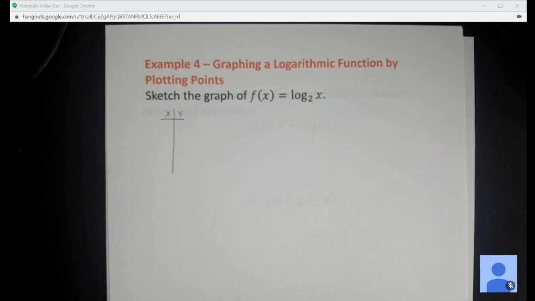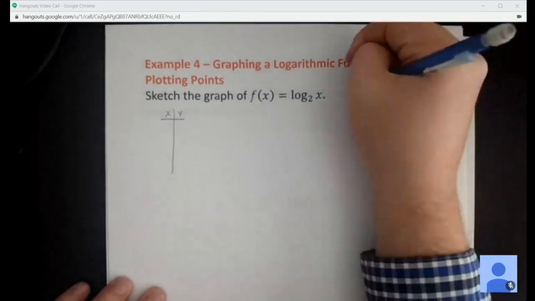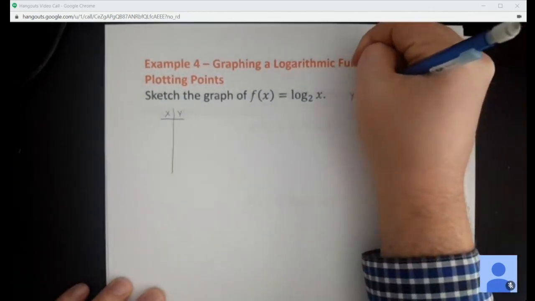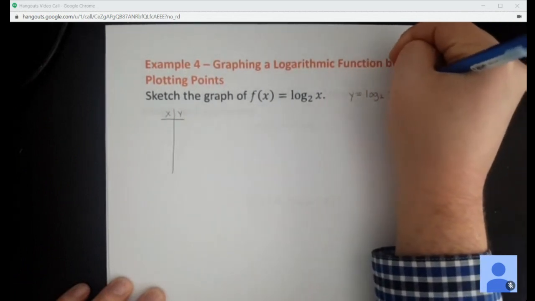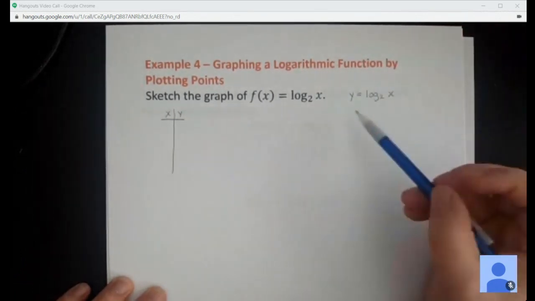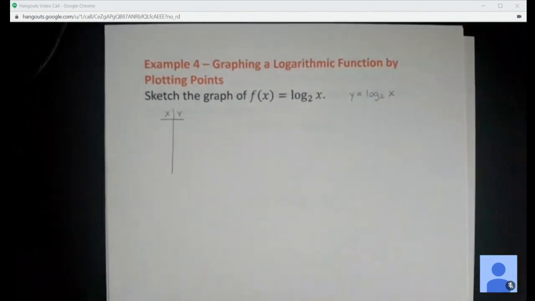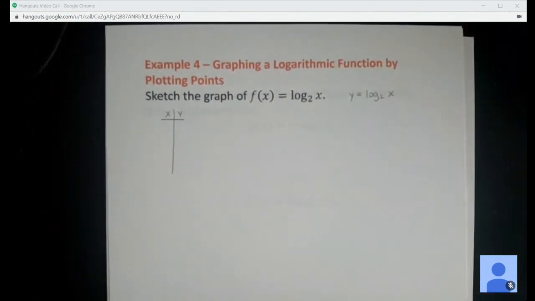Now we just want to take some values and substitute them in there and see what we get. So rewrite this as y equals base 2 log of x. Okay, so this is the equation we're working with. So what do you want to do here as we create our table of values?